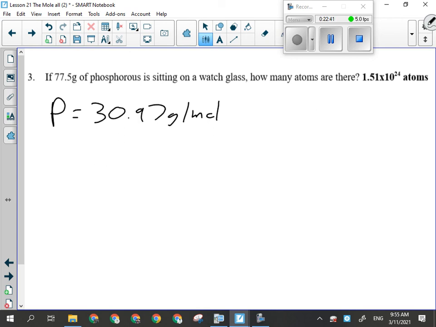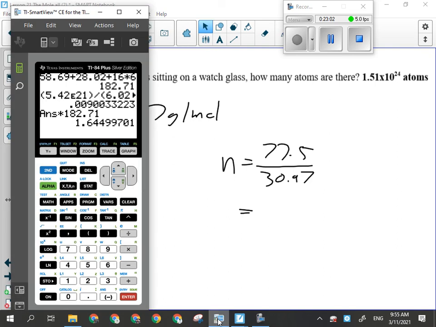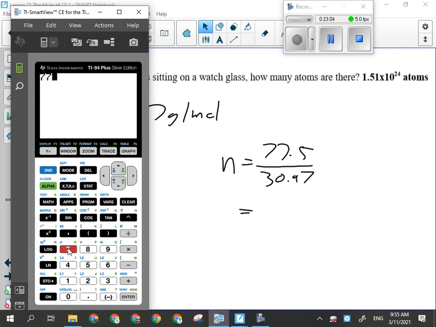So I know that's the mass of 1 mole of just phosphorus atoms, not phosphorus molecules. Now they're telling us that we have 77.5 grams of that. And so now I can calculate the number of atoms by first calculating the number of moles. So take my mass, 77.5, and divide it by 30.97. So I got 2.5 moles of this stuff.